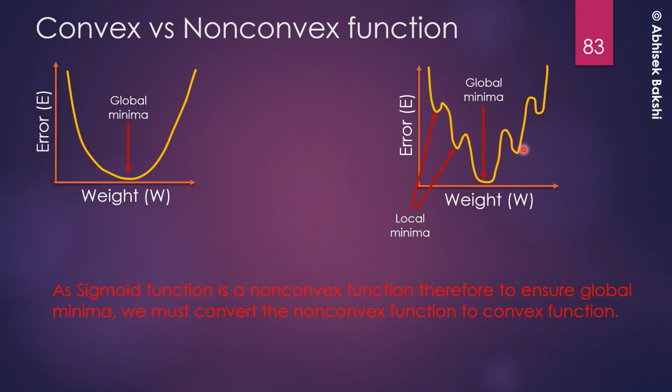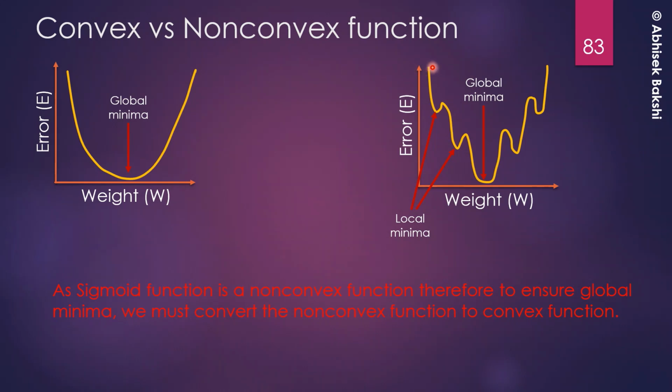It may not be exactly the same, it looks very similar from the left and right sides, but it may not be. And a very interesting difference between these two error curves is that on the left hand side we have a global minima. Whether we start from this side or from that side does not matter, ultimately you will reach a common point.